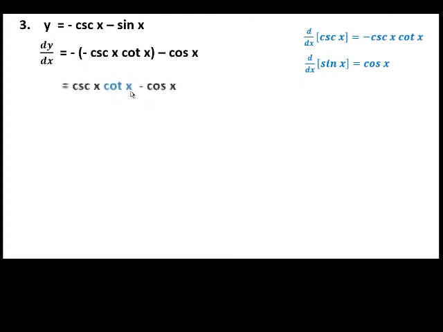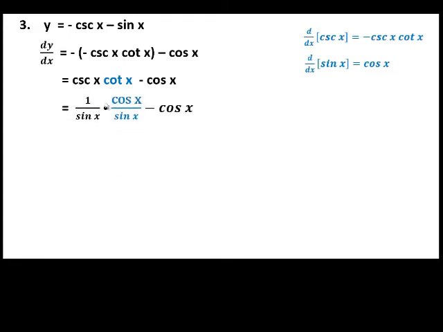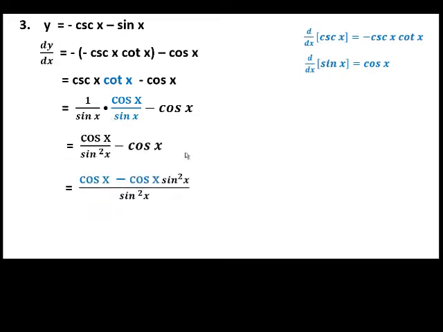Simplify, distribute the negative sign and express this in terms of sine and cosine, and simplify the fraction, combine the fraction into 1 and factor out the common factor cosine x.